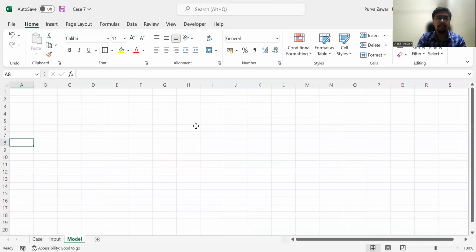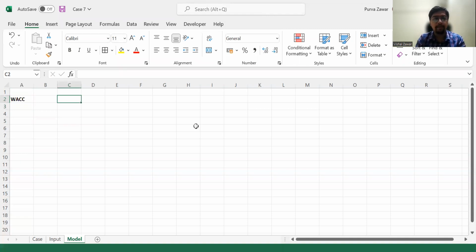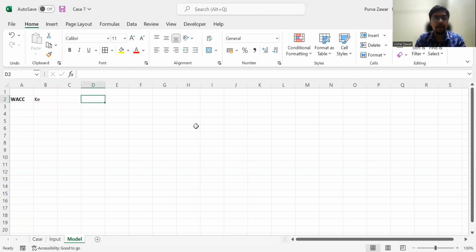So the model, let us find out the weighted average cost of capital. For that, what do I need? I need cost of equity, weight of equity, cost of debt, and weight of debt, because WACC will be equal to weight into cost.